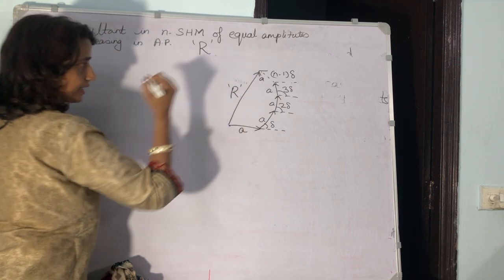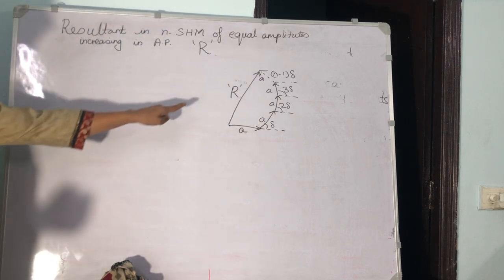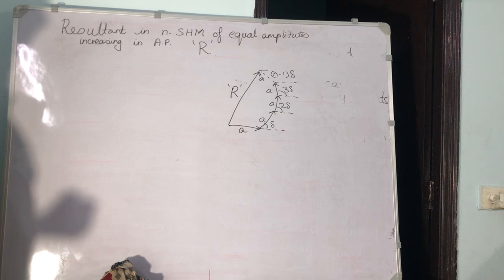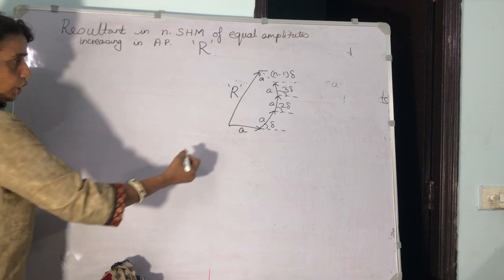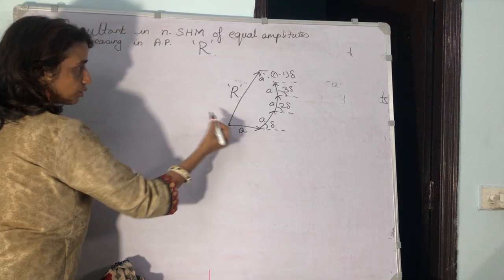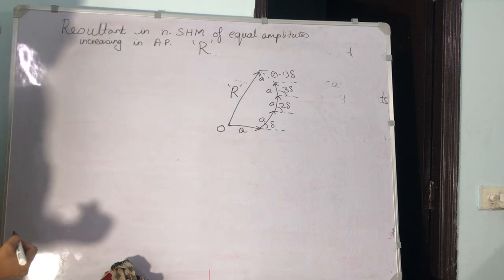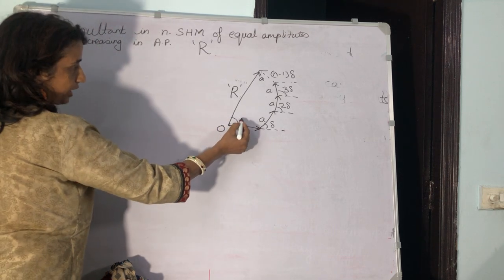This will give us the resultant. This resultant will be utilized in finding the expression for intensity due to a single slit in the Fraunhofer class of diffraction. So we are now going to find out the resultant of these waves.